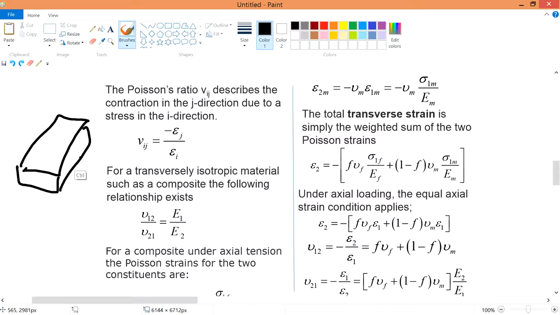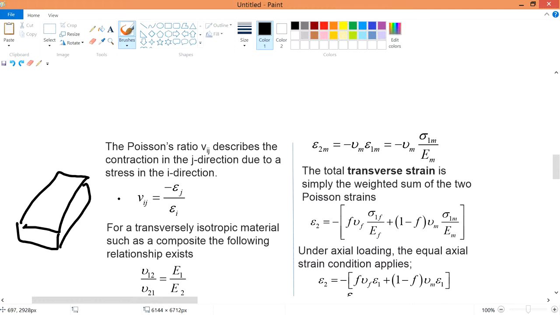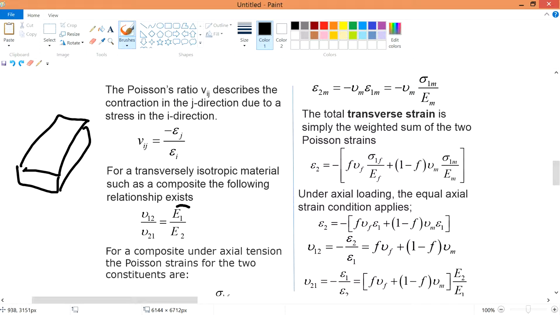Wherever you pull, the forces required are all the same. So this means isotropic, and therefore it means that over here the Poisson ratio of 1:2 divided by Poisson ratio of 2:1, the one that we have just said earlier, the major Poisson ratio divided by the minor Poisson ratio, will give you your Young modulus in the one direction divided by Young modulus of the two direction.